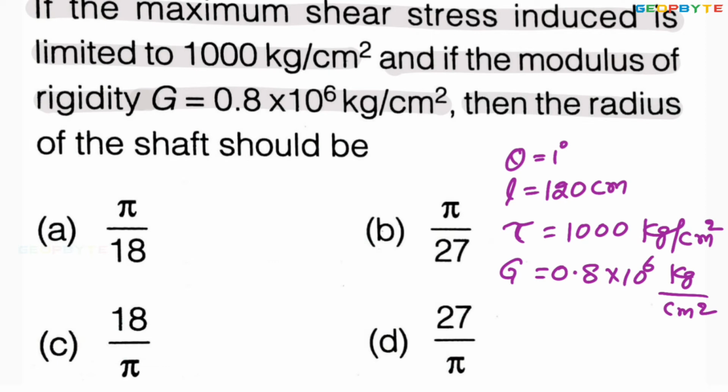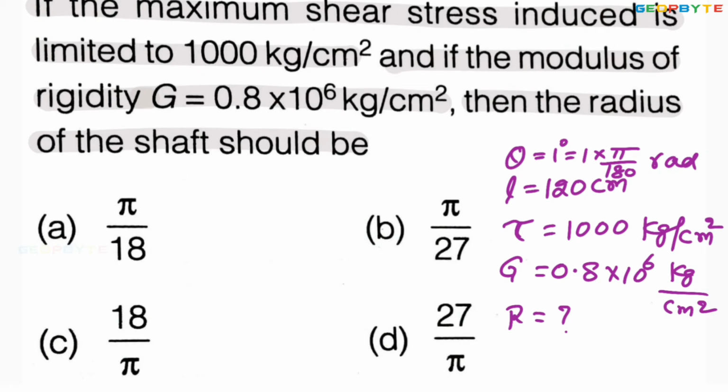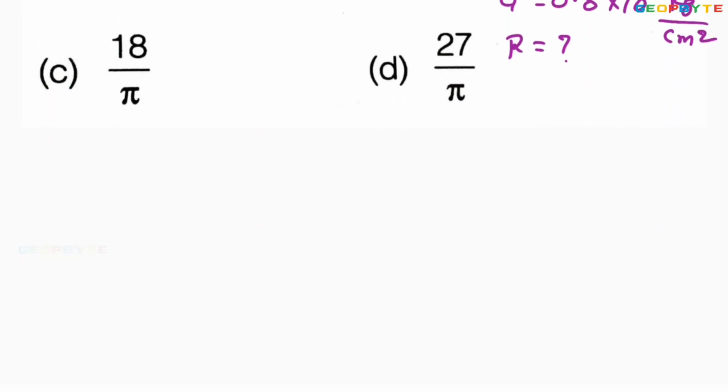Then the radius of the shaft should be, we are asked to find the radius of the shaft R equal to how much. Let us take theta in radians, 1 multiplied by pi by 180. Remember, my dear friends, to convert from degrees to radians, it should be multiplied by pi by 180. Now let us do that part.